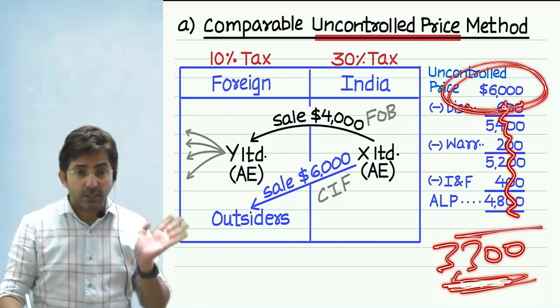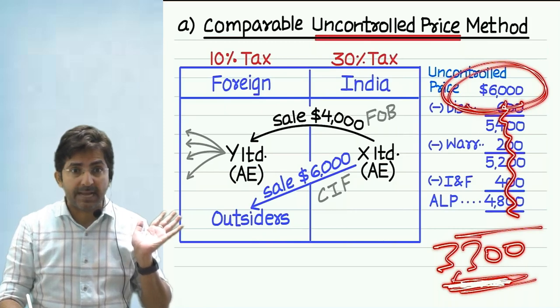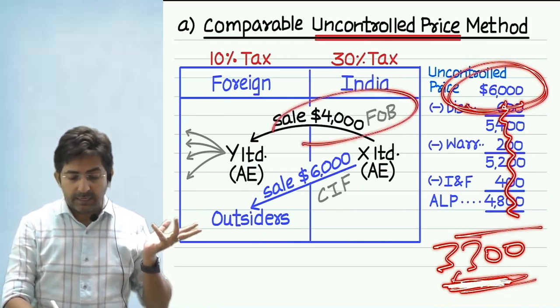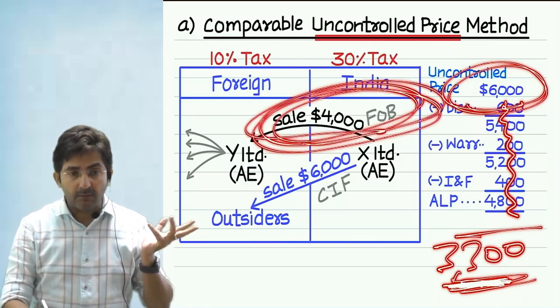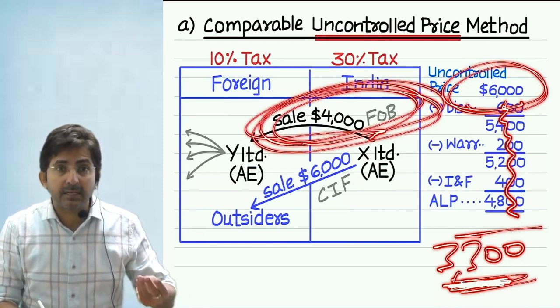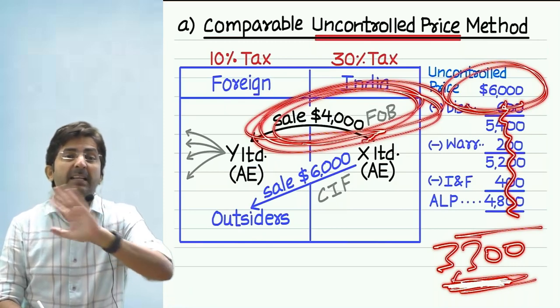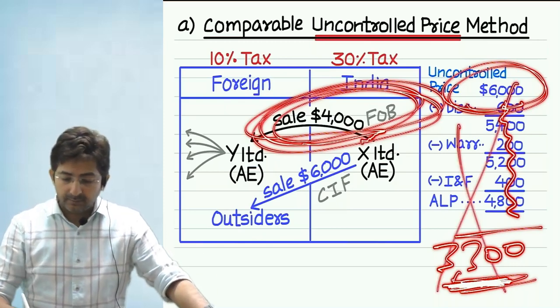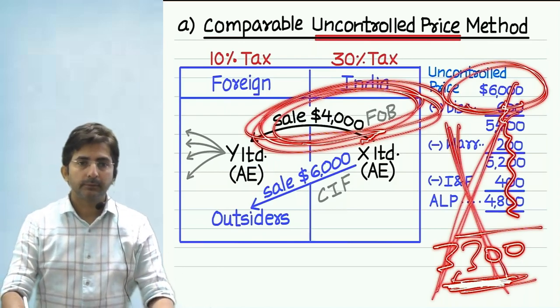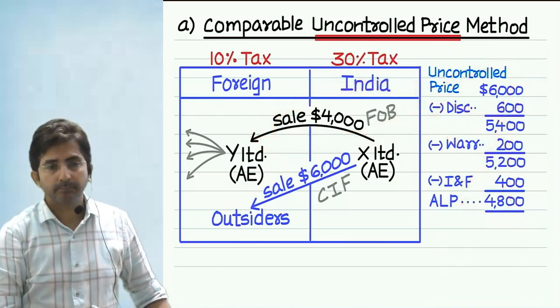After such an answer of 3300, what will you write in the exam? Okay, since the assessee declared an income which is more than the arm's length price, the income declared by the assessee shall be accepted. And the price of 3,300 shall be ignored. This way your conclusion should come.